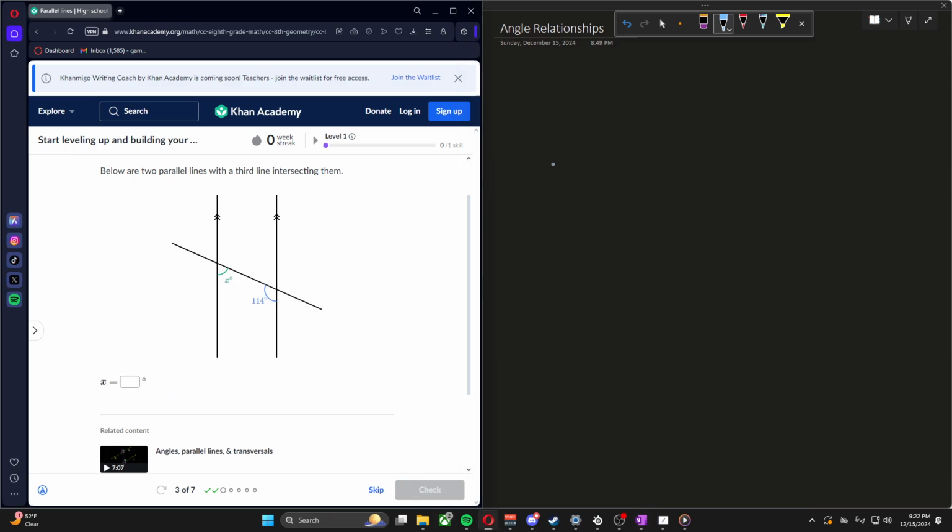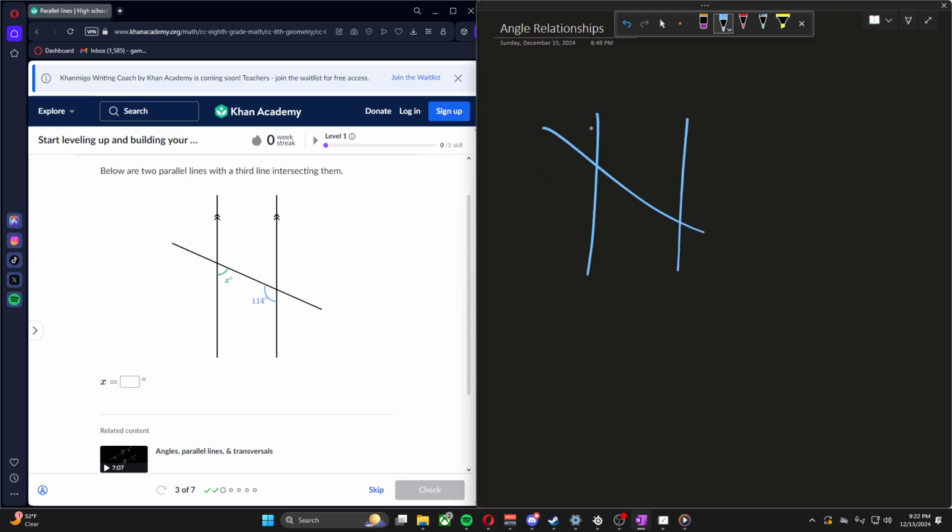Let's do one more. So, we have two parallel lines, third line intersecting them. This angle right here is 114, and this angle right here is x. We want to solve for this angle right here.